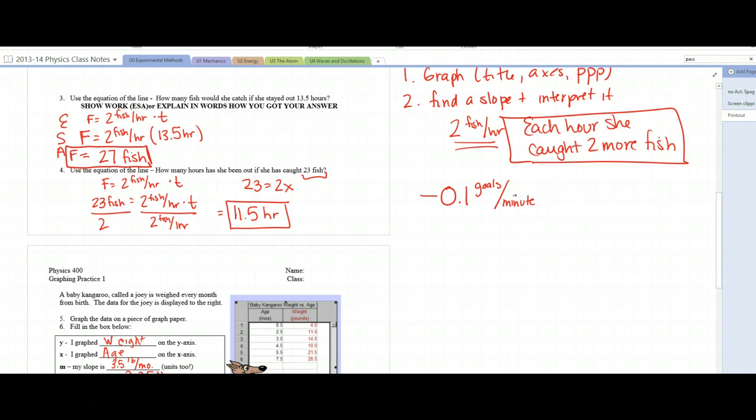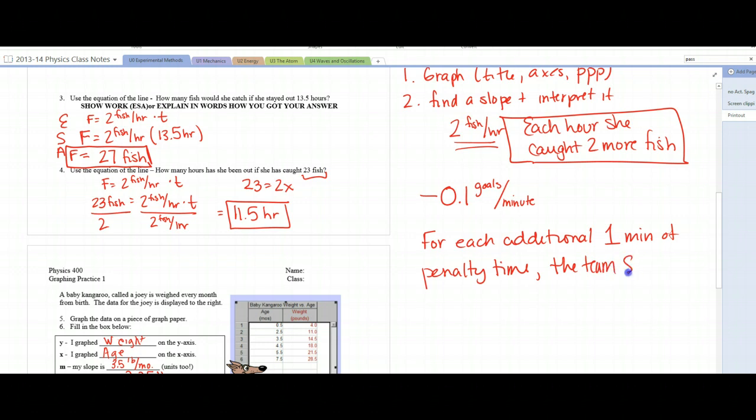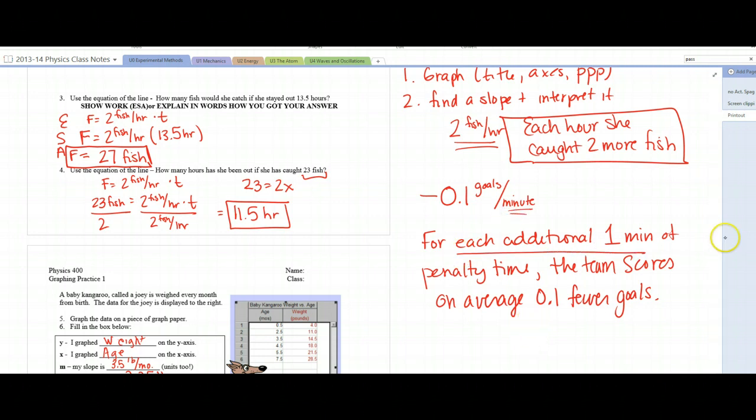So this slope tells us that for each additional 1 minute of penalty time, the prep hockey team scores, on average, 0.1 fewer goals. Okay, so I said for each additional minute, which gives me the 1 in the denominator, the team scores on average 0.1 fewer goals.